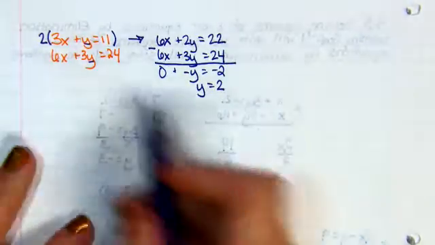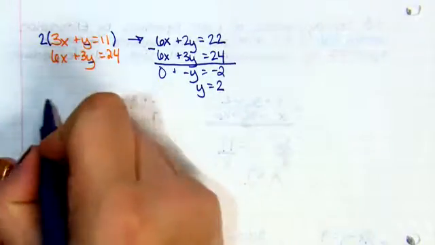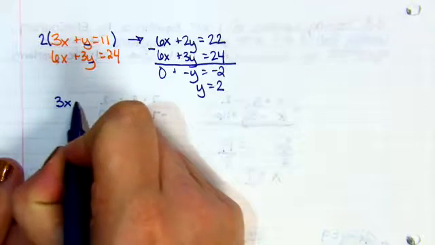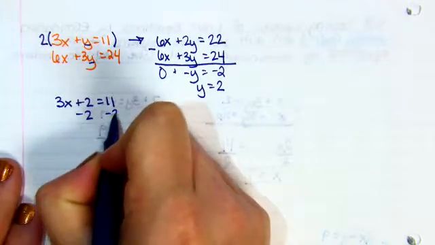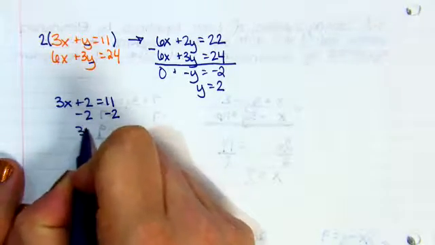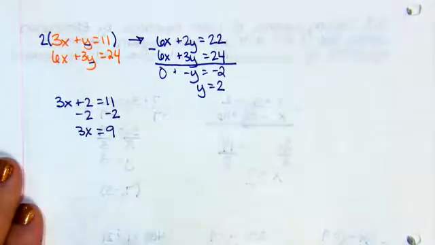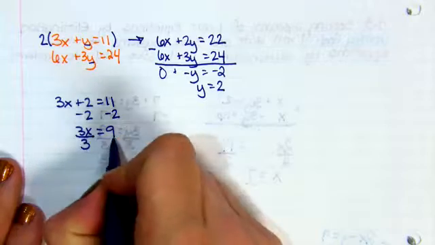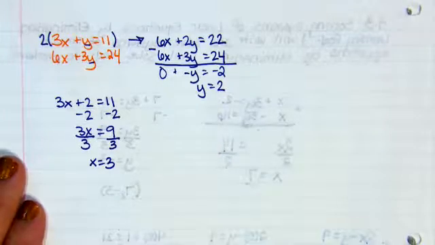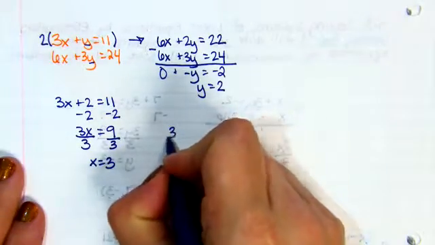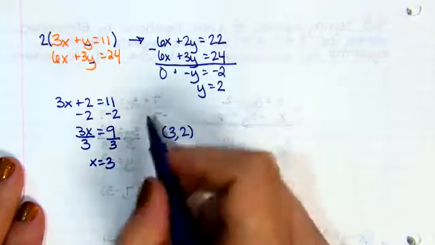It doesn't matter which one. Let's put it in the first. So 3x plus 2 equals 11. Subtract 2 from each side and I'll get 3x equals 9. Divide this by 3, divide this by 3. And I get that x equals positive 3. So my solution should be 3, 2.